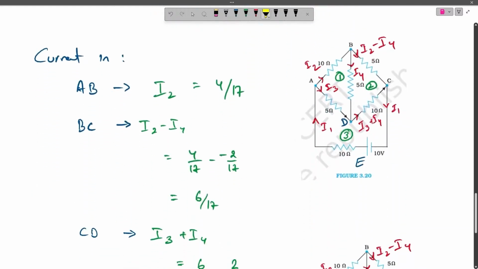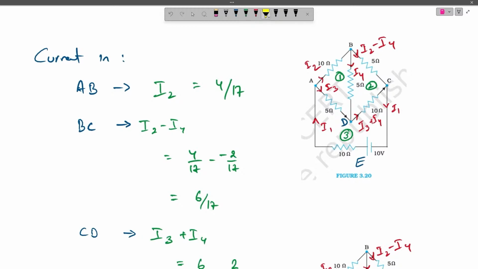Now we can find the current in each branch as it is in the form of either I2, I4 and I3, and we can write I1 as equal to I2 plus I3, or as I2 minus I4 plus I3 plus I4, which is equal to I2 plus I3 only.